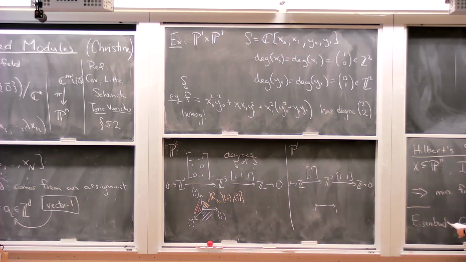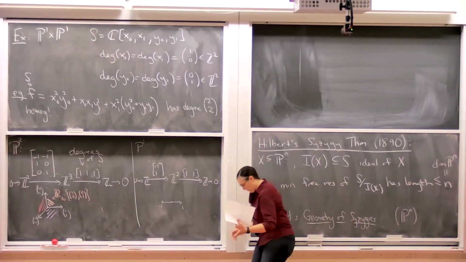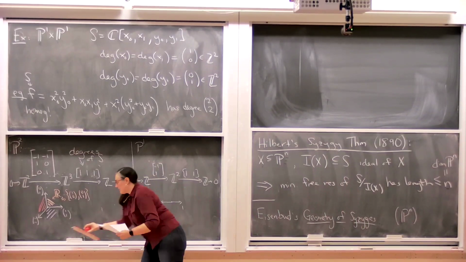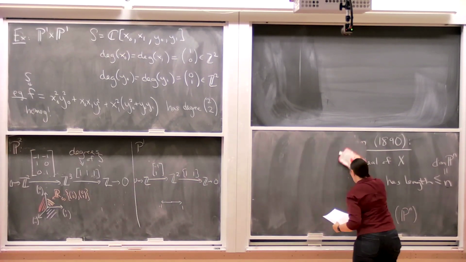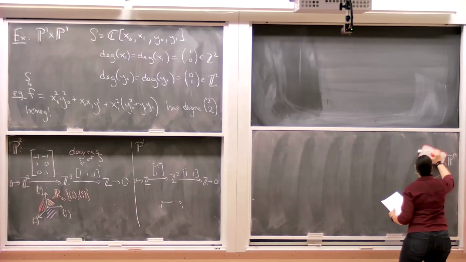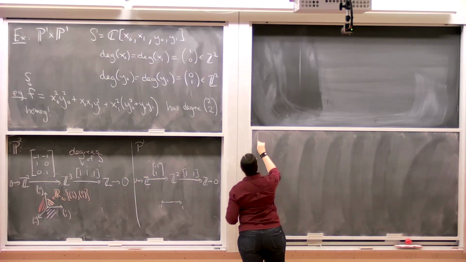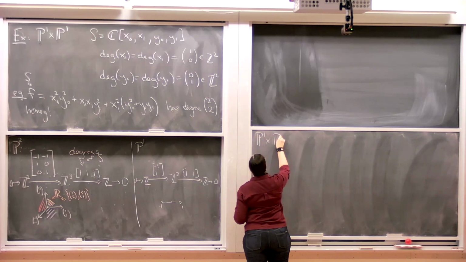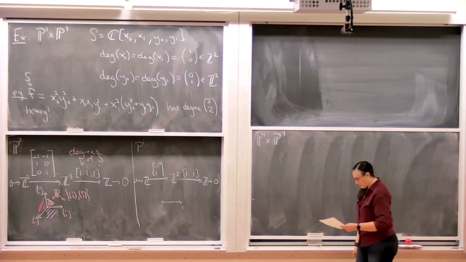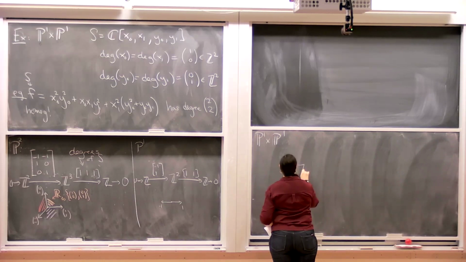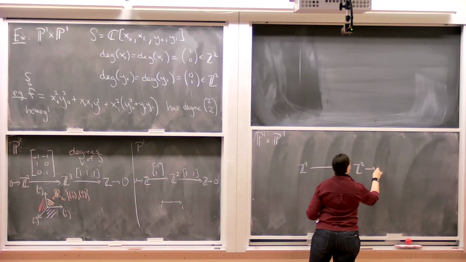Okay. So now let's do this. Oh, I didn't use my bottom board. Sorry, I wanted to reset. Okay, so with this in mind, let's go back to P1 cross P1. So I have my degrees there. I know what I want them to be. So let's work backwards. So now I have Z4 mapping to Z2.